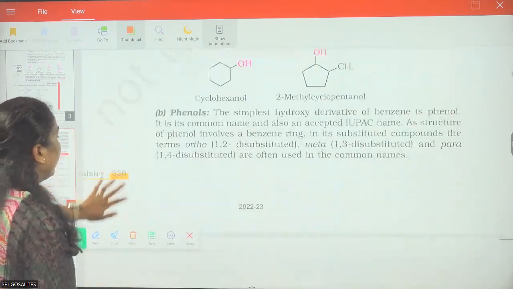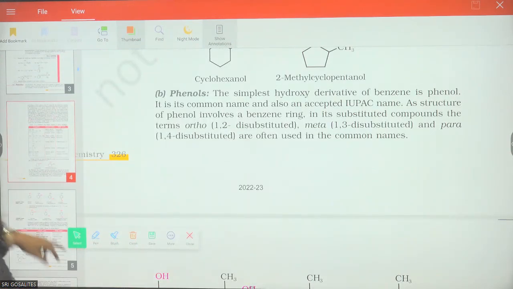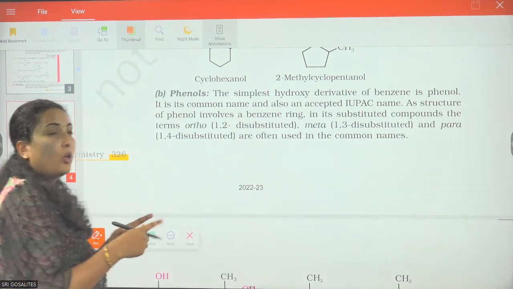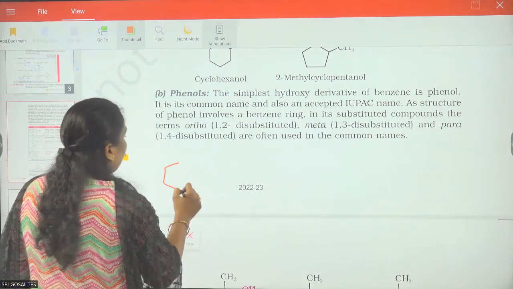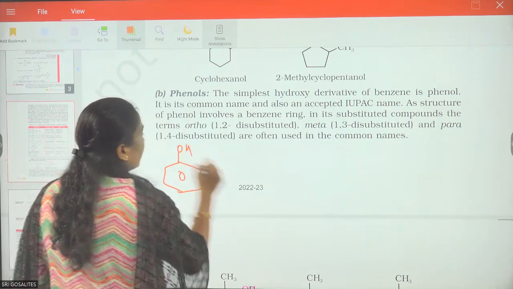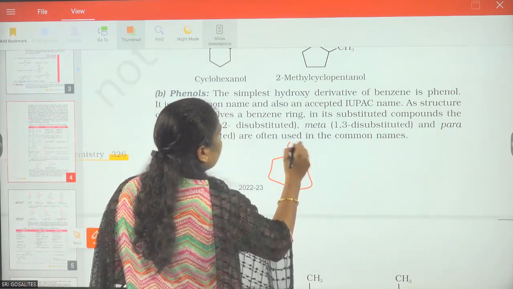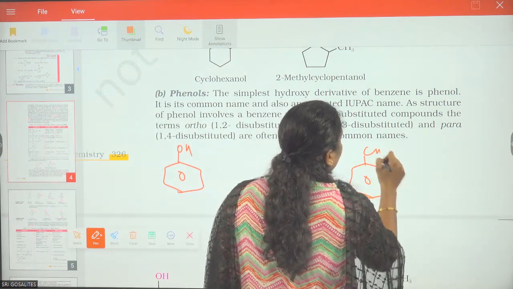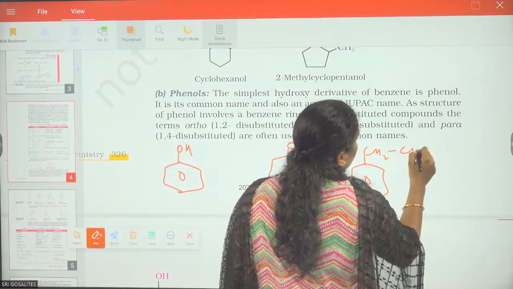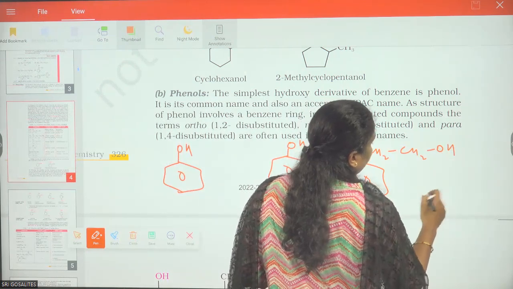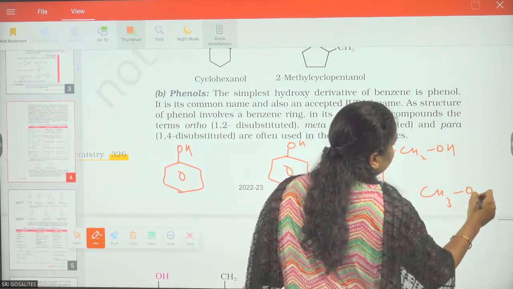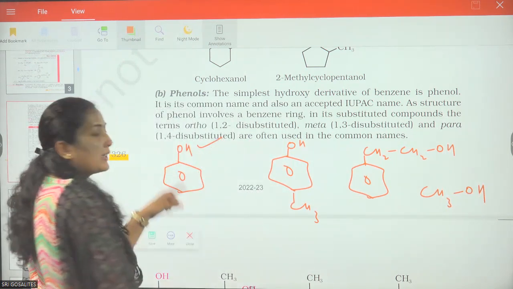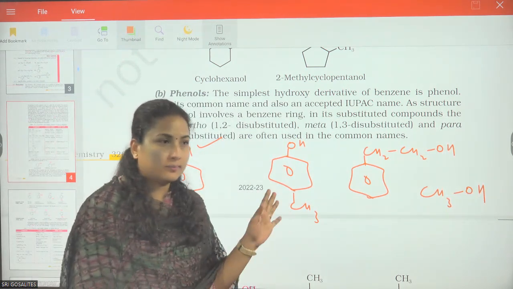Next, one more confusion which people have is with phenol, aliphatic alcohol, and aromatic alcohol. Suppose I give you something like this, OH, CH3. I write something like CH2OH, and if I'm writing CH3OH, right? First of all, if OH is directly connected to the benzene ring, it is phenol.